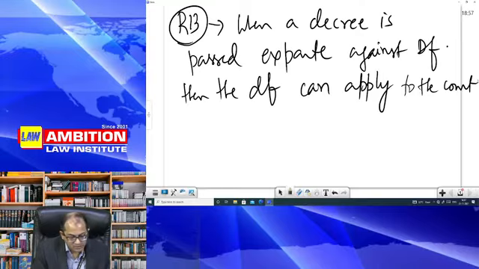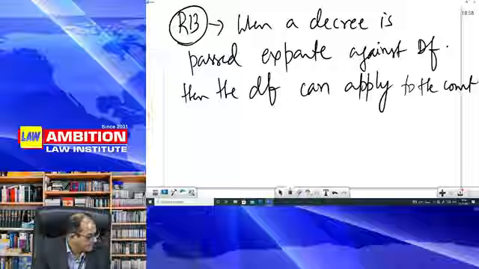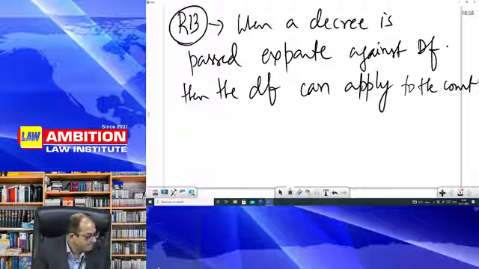Number one, the summons were not duly served.